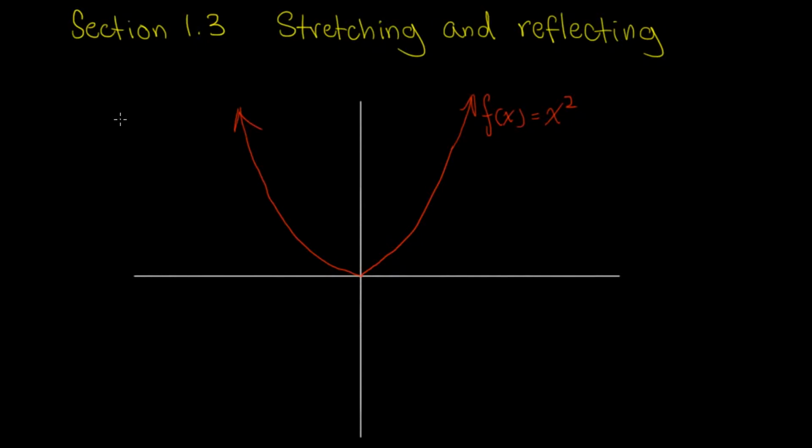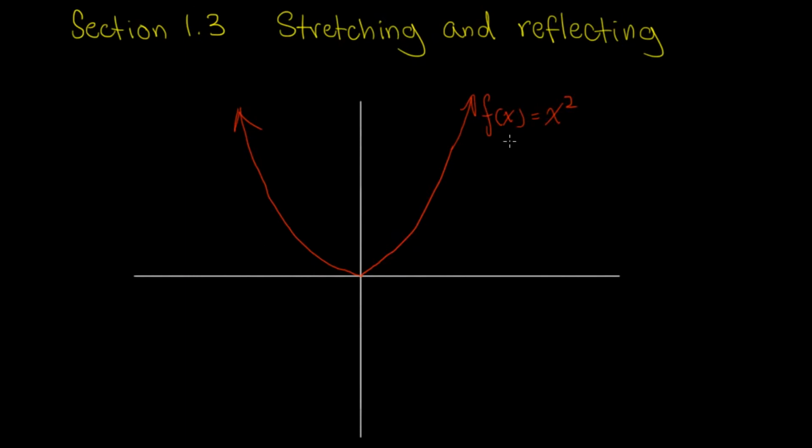Alright, we're going to be working with stretching and reflecting transformations on graphs. And if you're following along in Stewart's calculus, we are in section 1.3. And so I've plotted here the graph of f of x is equal to x squared.